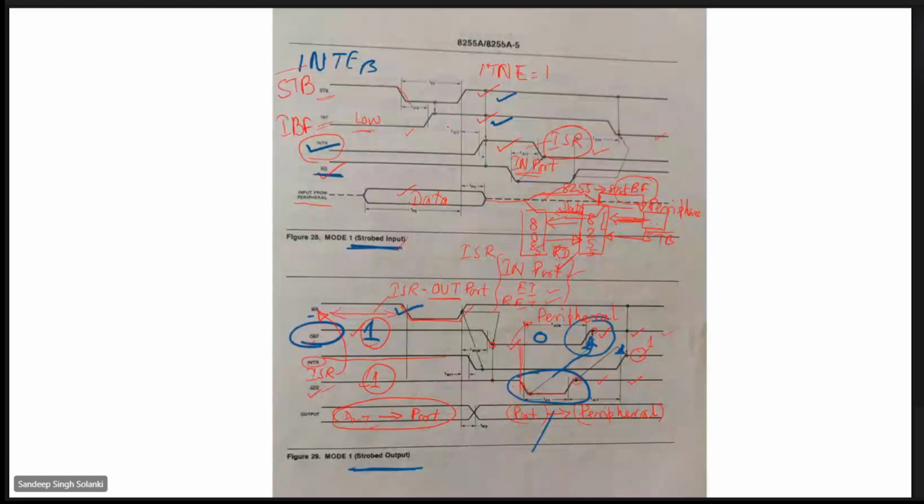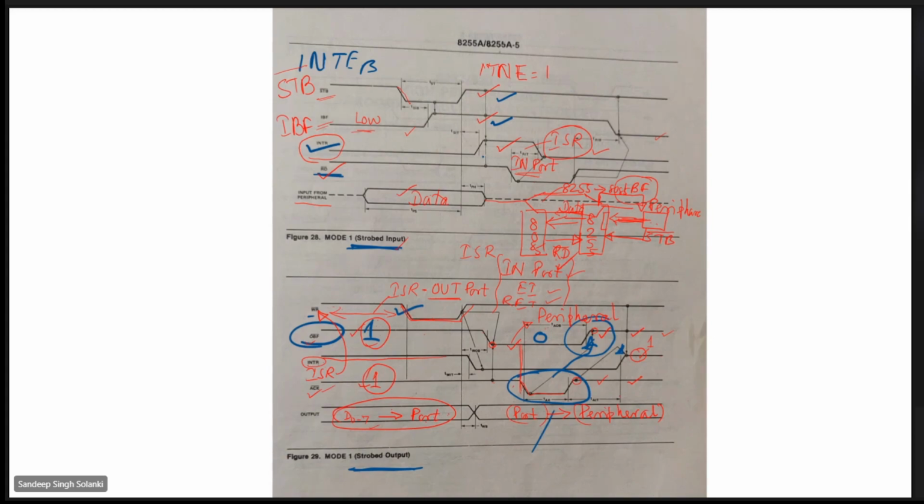This IBF and OBF information you get through your status word. Based on which port you are working with, you get the port C pin information of the status word for IBF and OBF. Is it okay?